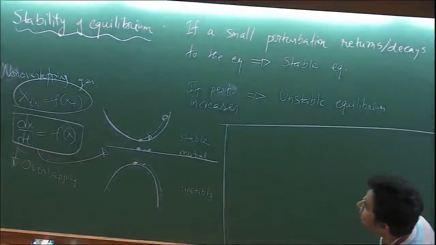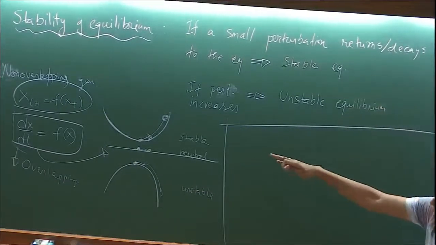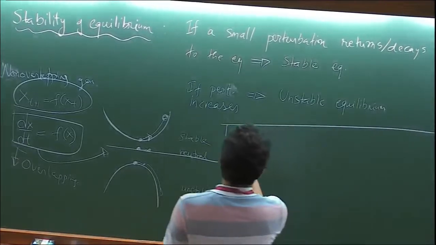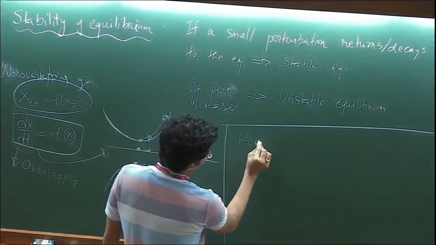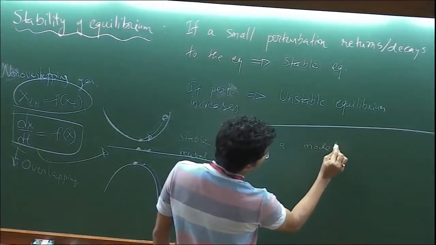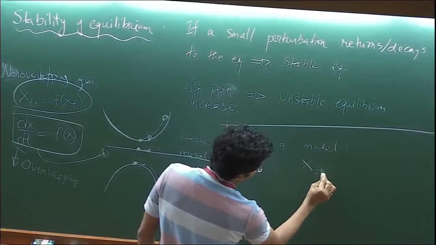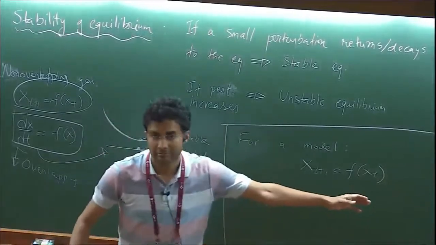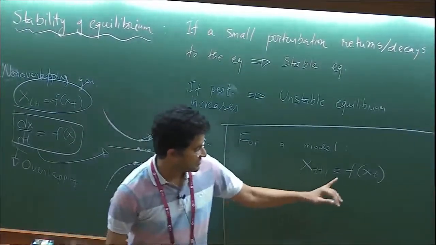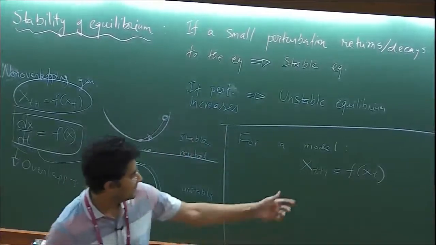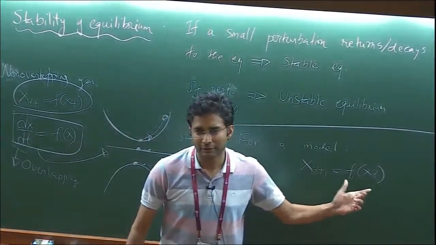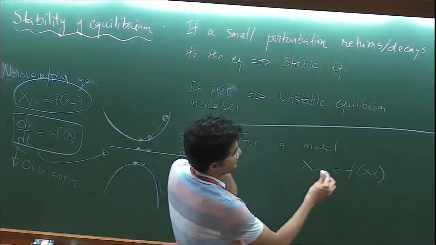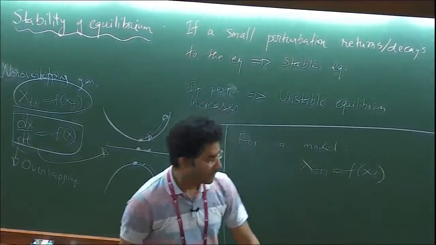Okay, so now how do we translate this to the mathematics of this? I will not do the derivations, I will just state the result. For a discrete time model of this form, where x_{t+1} is equal to f(x_t), it could be the logistic model, it could be a recursive population model, it could be the Beverton-Holt model, or anything that you can think of, as long as it's a single species model of this form.